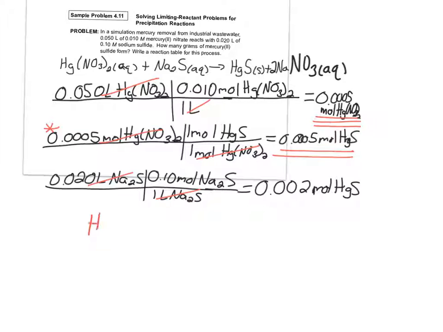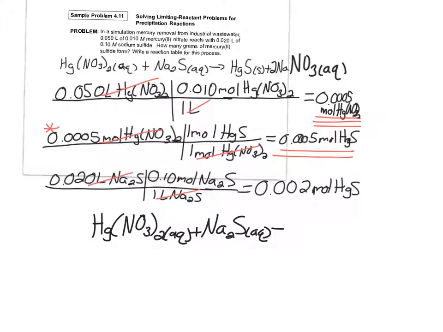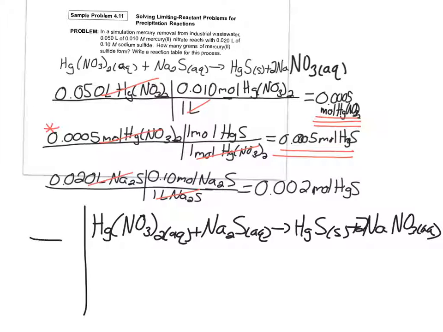I've got mercury nitrate plus my sodium sulfide yields mercury sulfide plus my sodium nitrate, and I've got two of those, NO3. And then we set up our table, and we start out with initial concentrations, or initial moles.